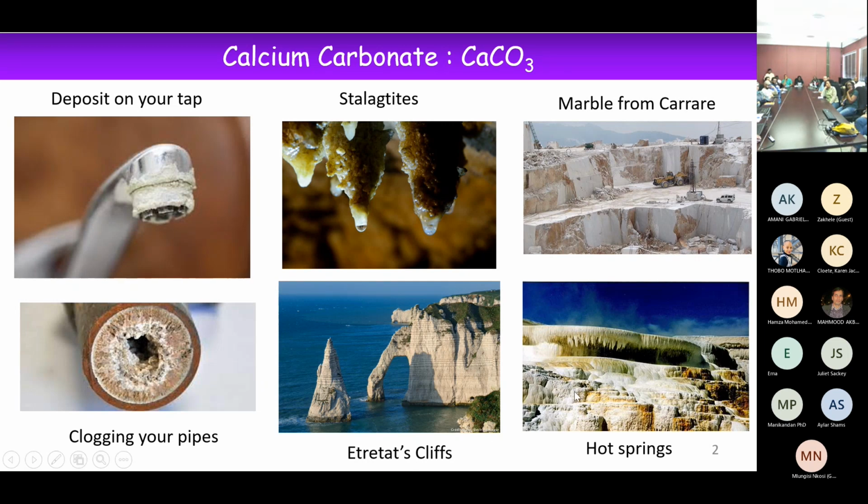But you can also find calcium carbonate in quarries, especially marble quarries, and one of the most famous ones is Carrara in Italy. It's a very nice white marble. And you can also find this in hot springs. This is just a few examples where you can really encounter calcium carbonate in daily life.